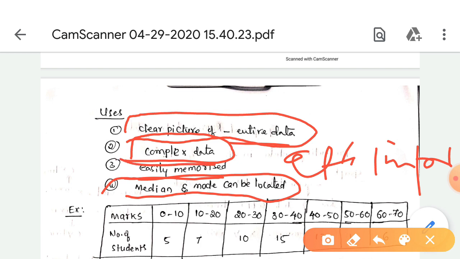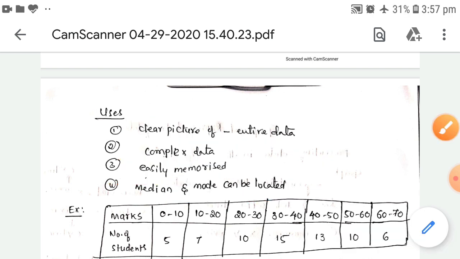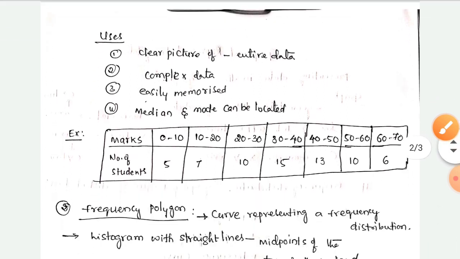Second, it simplifies complex data, and it is attractive and impressive, and easily memorized, and median and mode can be located. That is about the histogram. Here we can check the example.